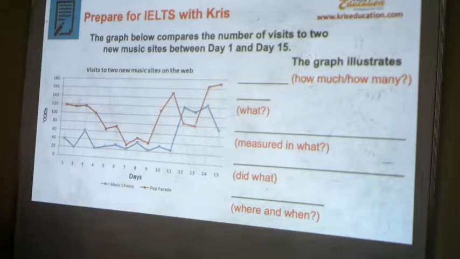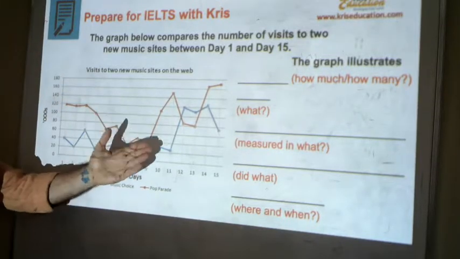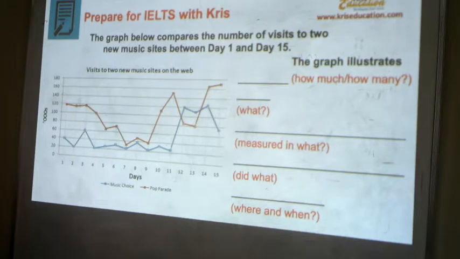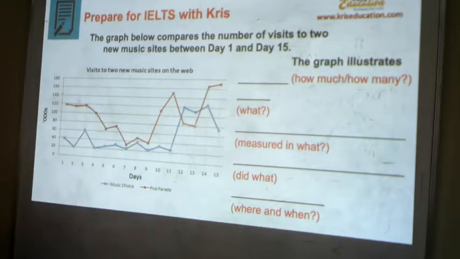So visits, which means these are visitors. This will help you to understand how much or how many. What did the visitors do? Obviously they visited, or how many people if you want, because visitors are people. This is the unit of measurement, and these are the years.